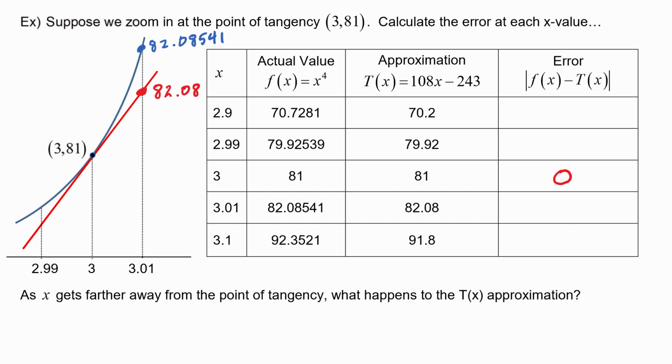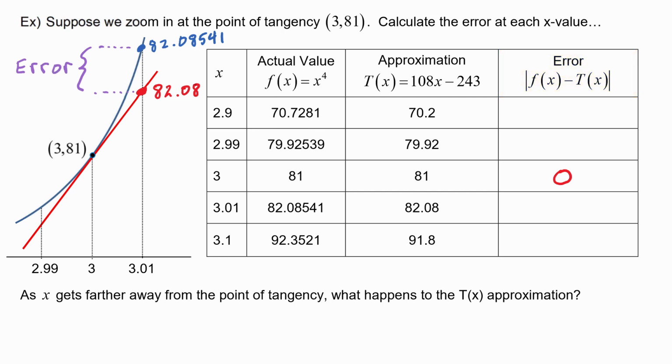And it's important for you to understand that this error right here is representing the difference between the actual function value and the tangent line approximation. And over here on this picture, that means it's the difference between this y value and this y value. That is the error.